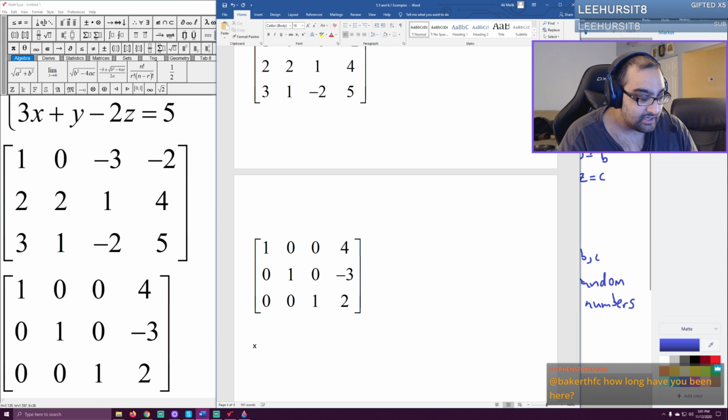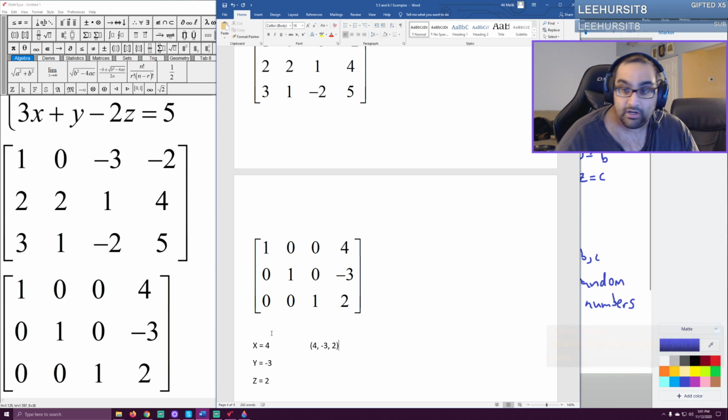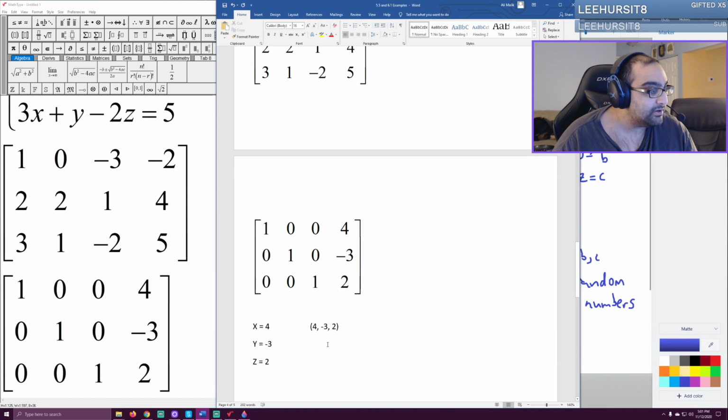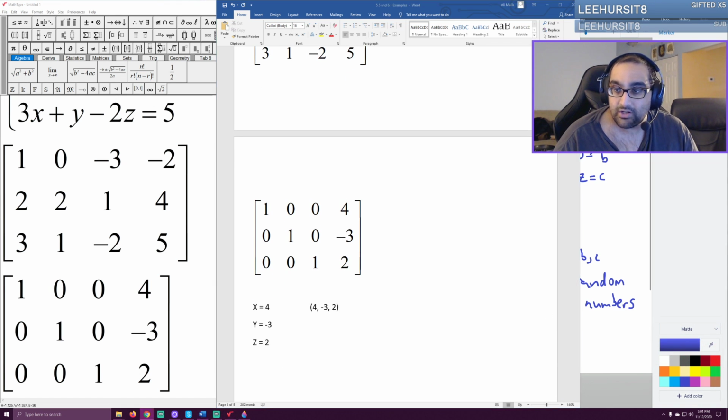So x equals 4, y equals -3, and z equals 2. So 4, comma, -3, comma, 2 would be our answer for this matrix.